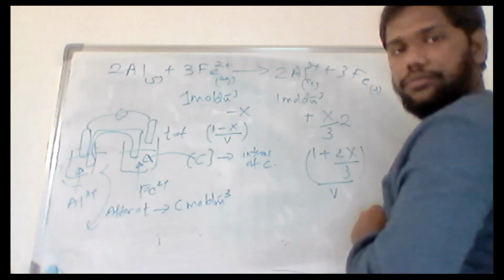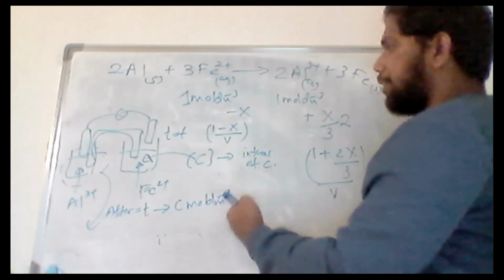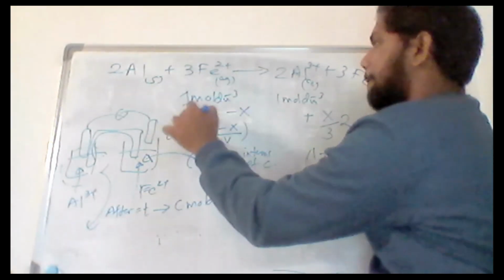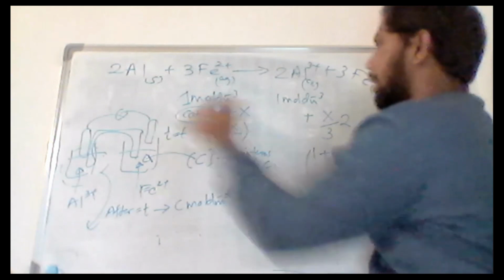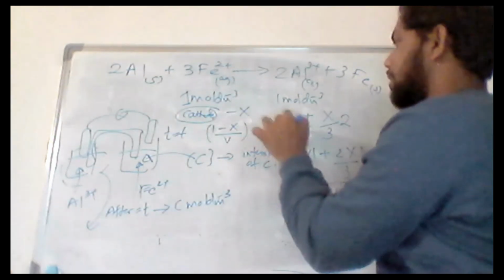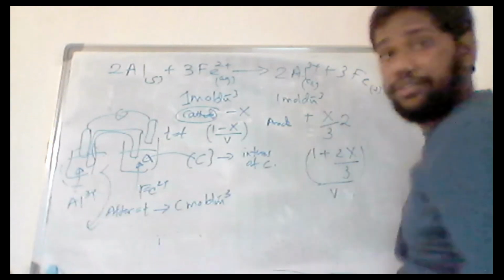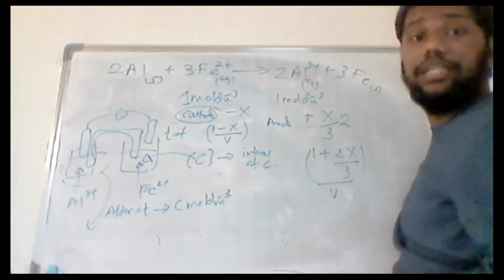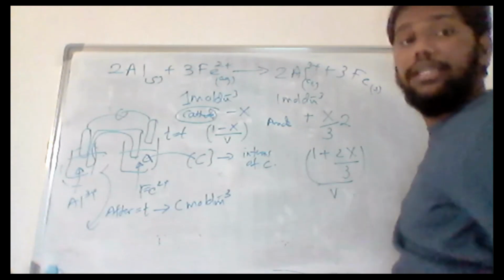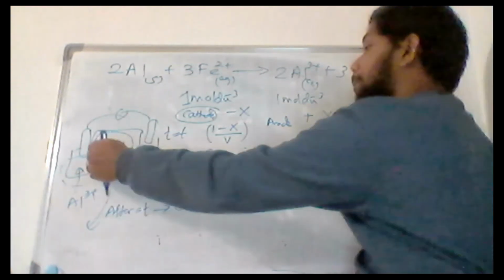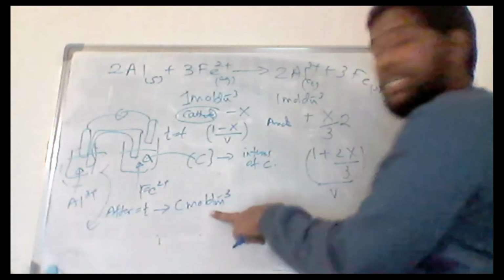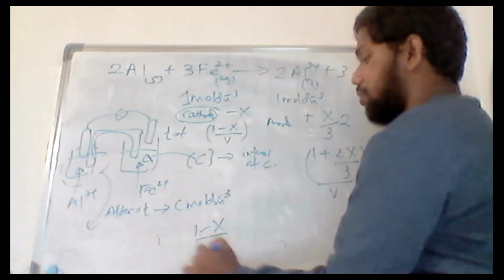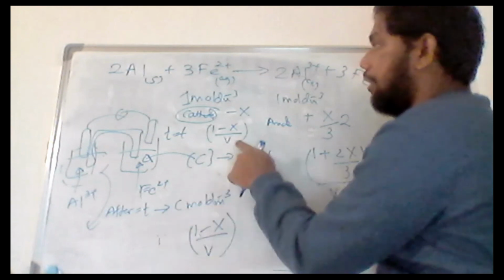Concentration, right? Now, how do you express this? I will write this one as cathode, and this one as anode, because in the anode compartment the concentration is increasing. So this is what I have mentioned. How can you express this in terms of C? Now they are telling that in the anode compartment after time t, the concentration is C. So I should know this 1 minus X over V in the cathode.